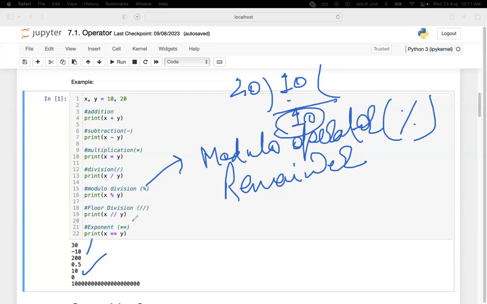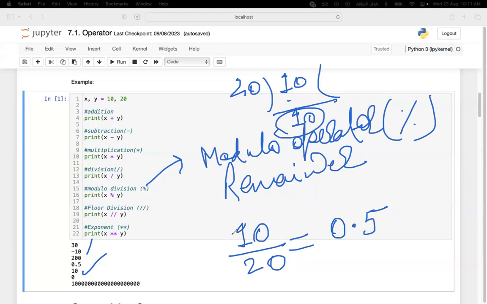After that comes the floor division. What is the floor division? Let's understand. 10 divided by 20, what value am I getting? 0.5. So, Ruchi, do you understand what is floor division?